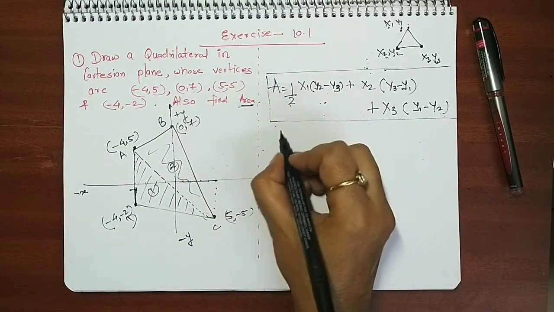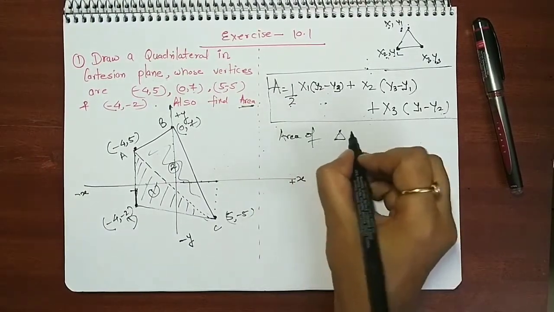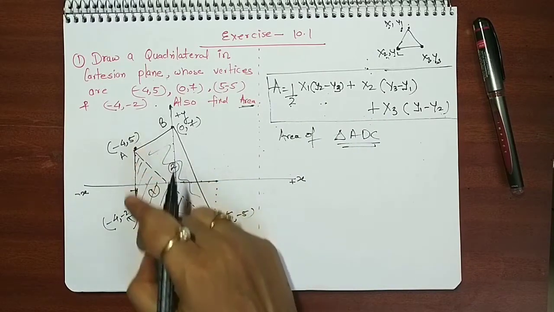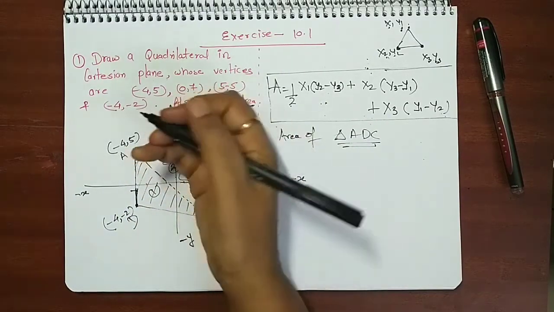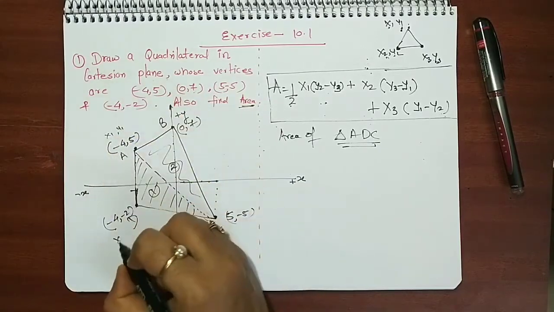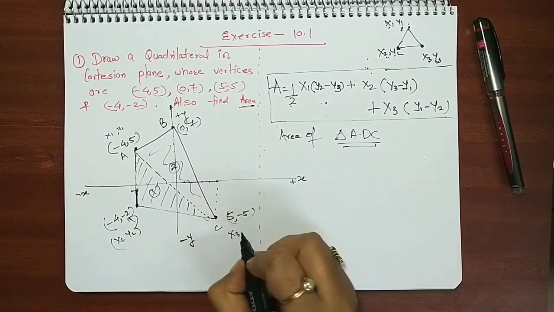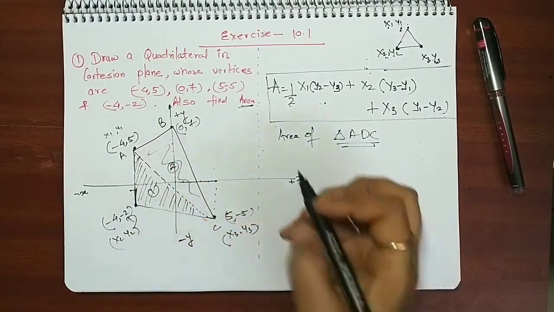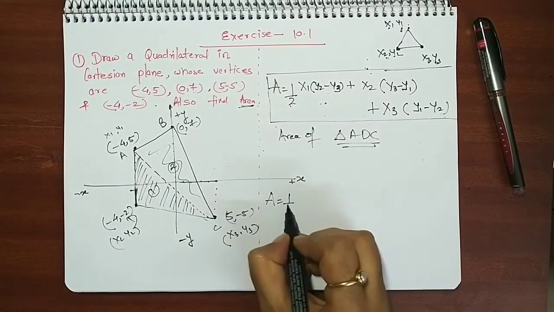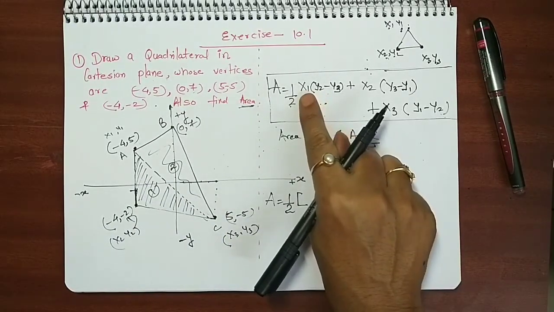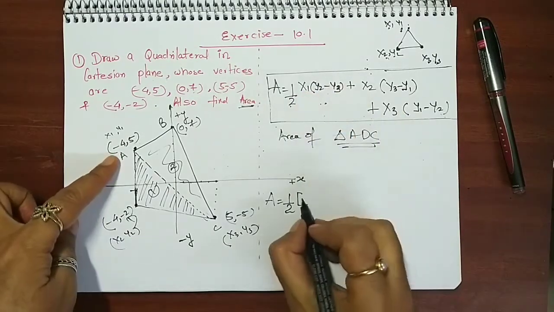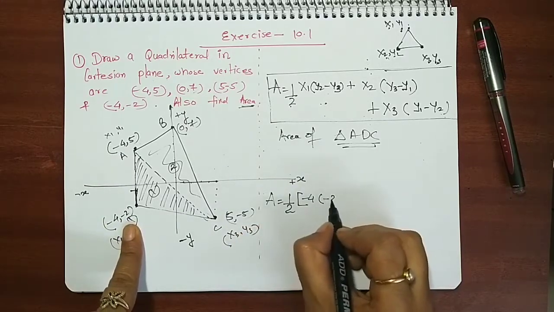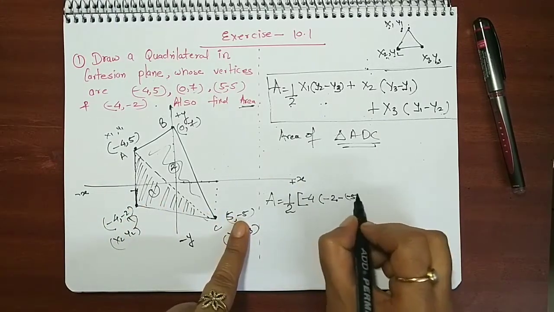So I will do the area of triangle ADC. Let me consider this is x1, y1, this is x2, y2, and this is x3, y3. Correct? I am focusing only on this triangle first. So what will be my area, guys? Area is 1 by 2, applying this formula: x1 is minus 4 into y2 minus y3, so it is minus 2 minus of minus 5.